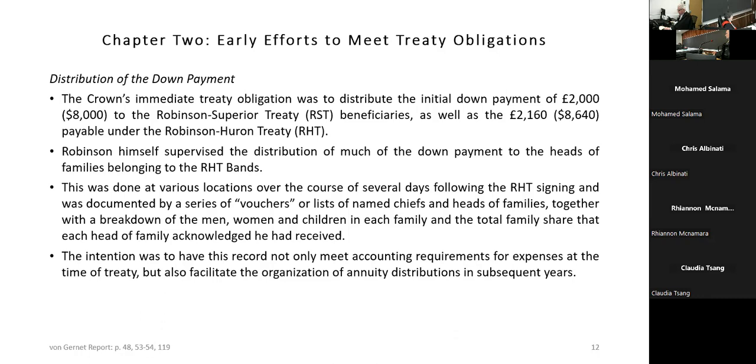So at that point, there was no reason for debate. Where it started becoming a matter of dispute was in 1874, when Canada and Ontario began contemplating the issue of augmenting the annuities.